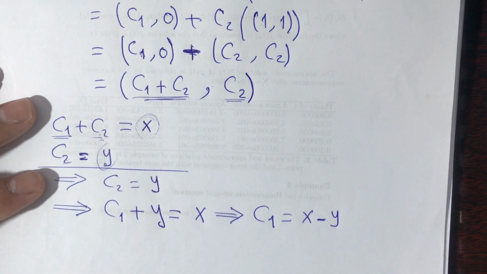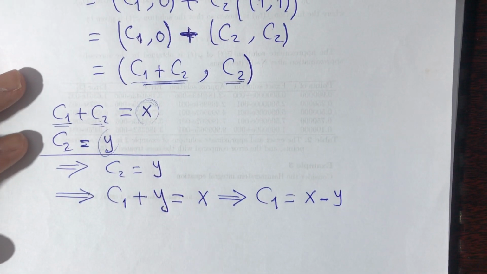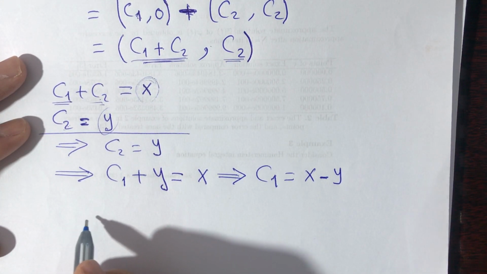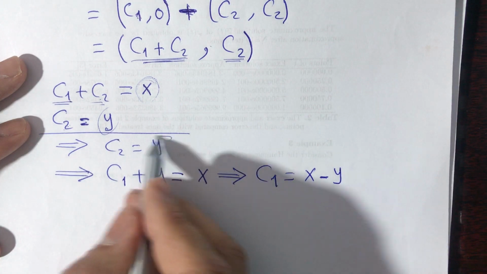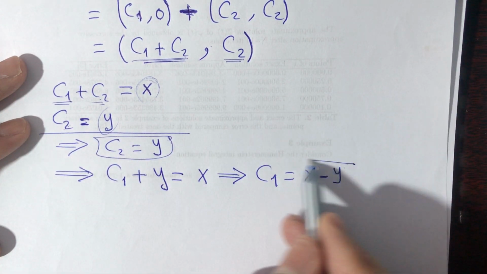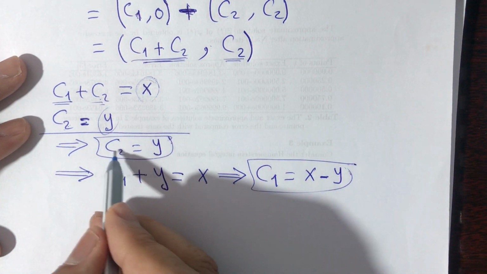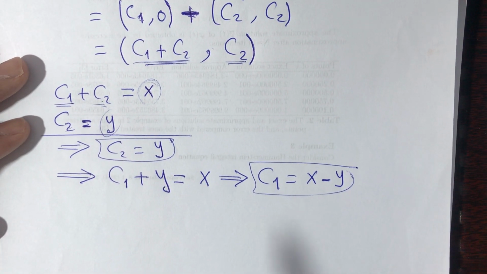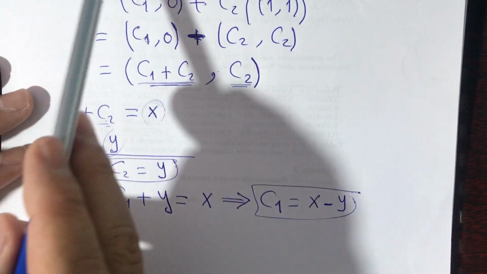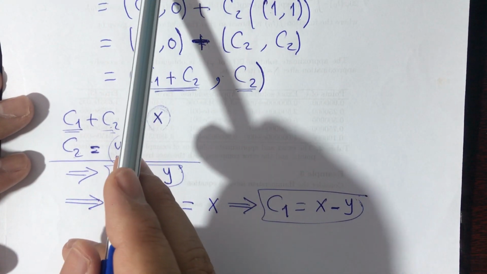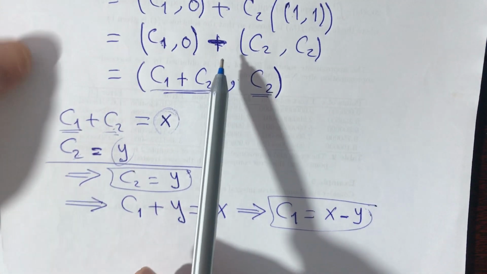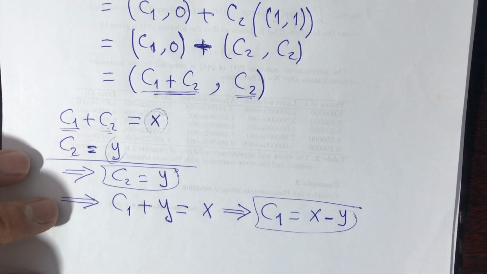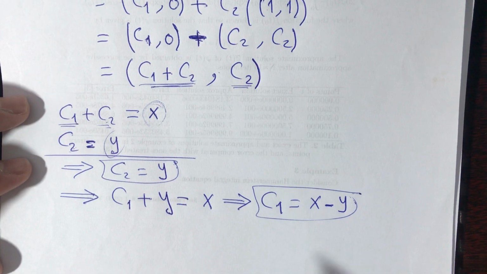So if I take C1 as x minus y and C2 as y, I can write any point in R2 as a linear combination of the first element of the set and the second element. So how can we do that?